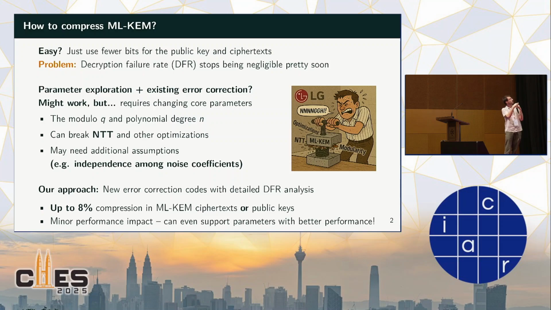So after doing the parameter exploration, we ended up needing a different modulus q and a different polynomial degree n, for example. Different qs to allow for more errors to be corrected with larger qs, and we had to increase the degree n to allow for the expansion of a binary code. And this is not a very good idea because this can break the NTT compatibility and also the compatibility with other optimizations.